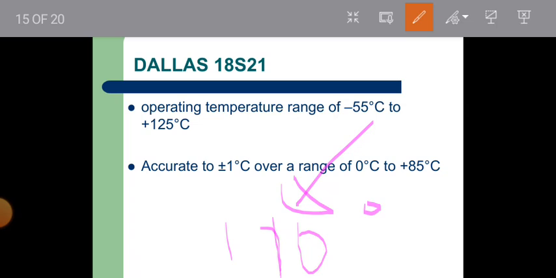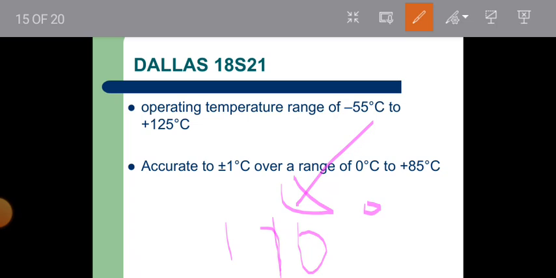It will start boiling itself. But its operating range is just enough for it to reach such high temperatures that are beyond the boiling temperature of water, and then into cold temperatures below 0 degrees, like negative 55 degrees centigrade.